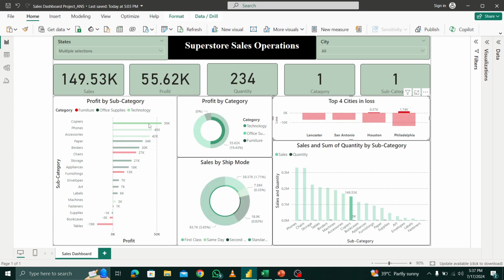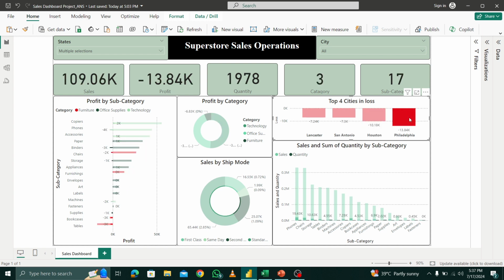If we click here, they are not making that much of the profit in Philadelphia and Houston. If we come to the phones, we can see that in Philadelphia there is a 3.5K dollar loss in the phones category as well.